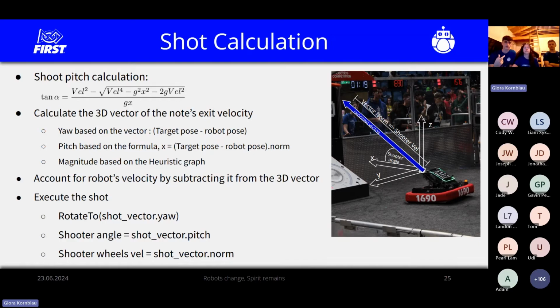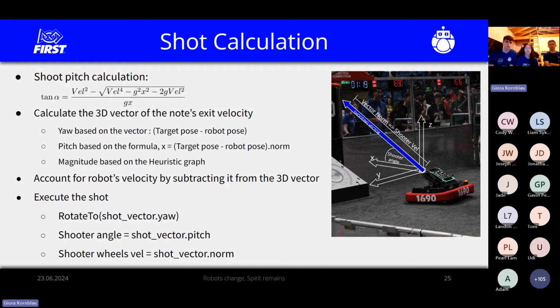So we're shooting based off the robot's position and not based on a camera. And after we subtract the target's pose xy and the robot's pose xy, we take the angle of it, and that's the yaw that we first put into the vector.